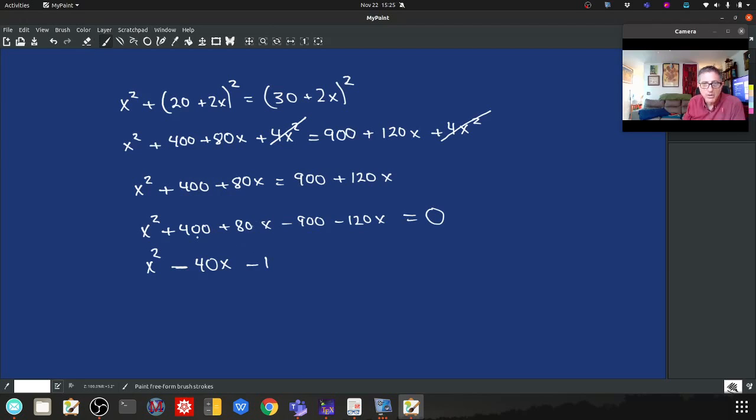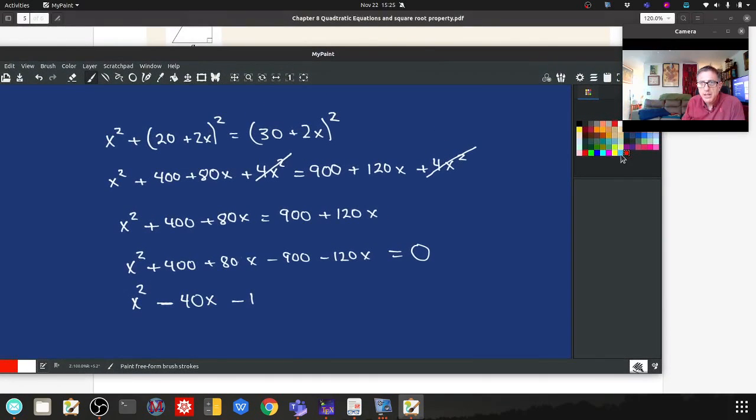There we go. 400 minus 900. The problem there is I got confused. What I normally do is, once I put something down, I mark it out. And I was looking at the 120 and the 400, and I was looking at my notes and I knew something was wrong.